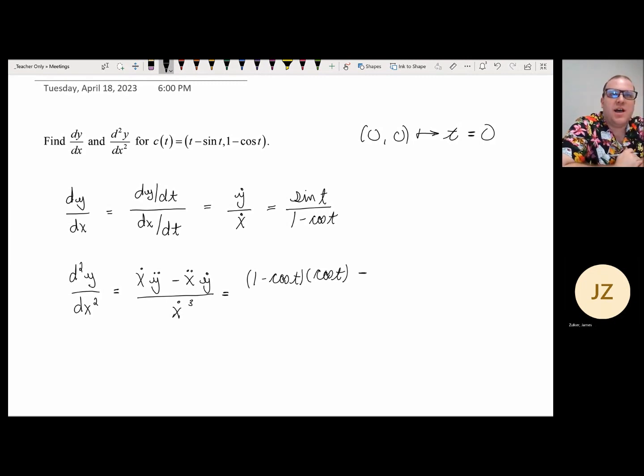What is x double dot? And we know what y dot is.